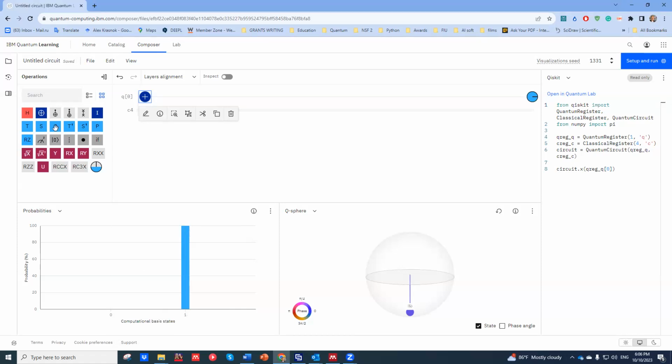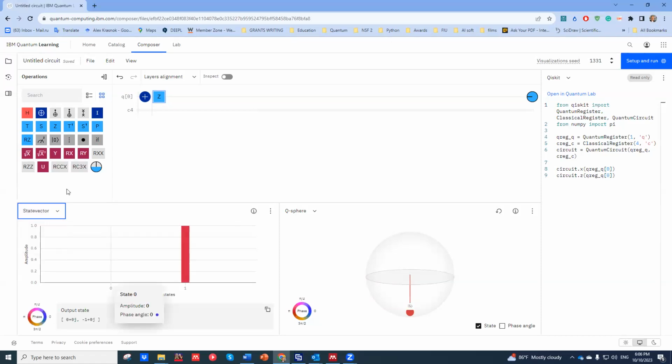And I expect that application of the gate Z after the gate X will flip the phase. Now we see what's happening. So what changed? In terms of probabilities, nothing. We still have 100%. But in terms of the states, let me remove it and add again. It was blue.